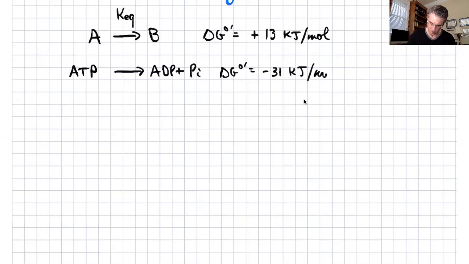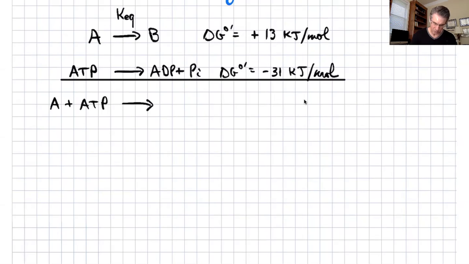We can now, in principle, write out that the overall reaction would be A plus ATP goes to B plus ADP plus inorganic phosphate, giving us an overall free energy change now of minus 18 kilojoules per mole. So that's great.